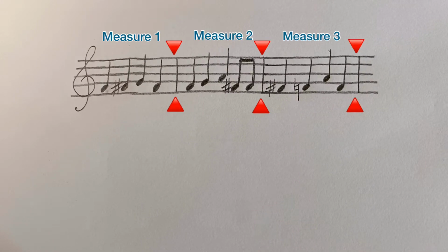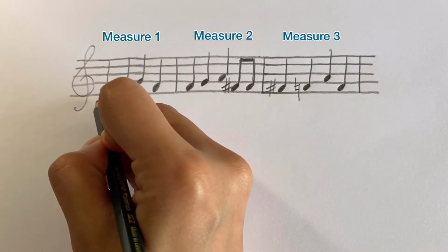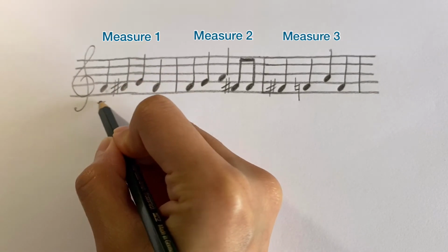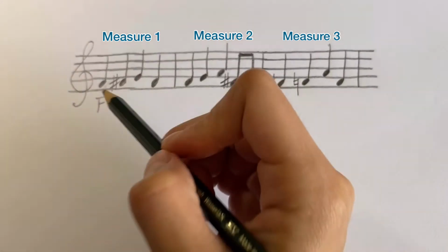So let's practice how we can apply the accidentals. Here's the important rule: accidentals can be applied within one measure. So here is the note F. And next you can see the sharp.